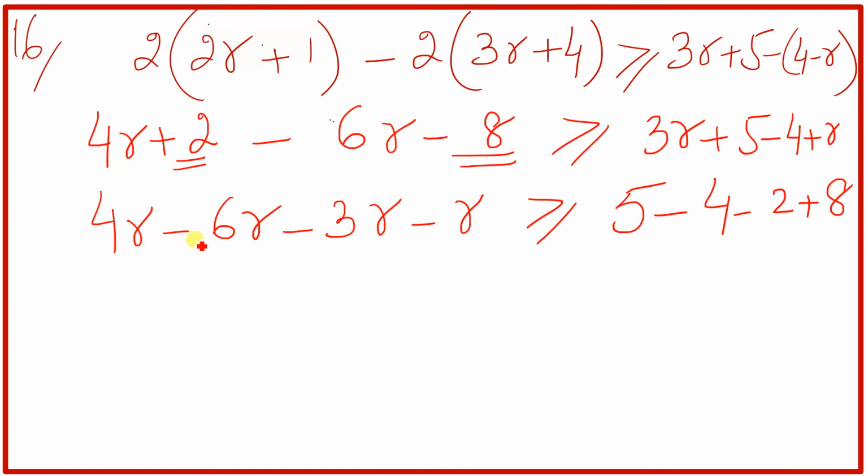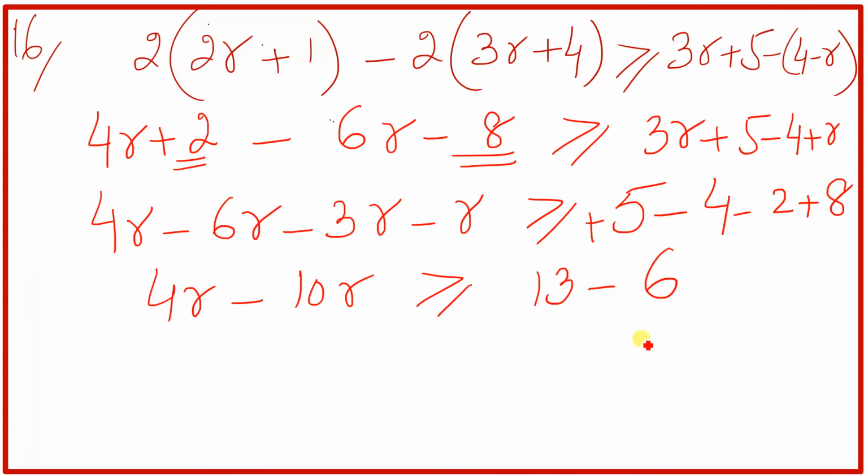So it will be negative 10r is greater than or equal to 13, because this is positive and this is positive, these two are negative, this is 6. So it will be negative 6r is greater than or equal to 13 minus 6, which is equal to 7.